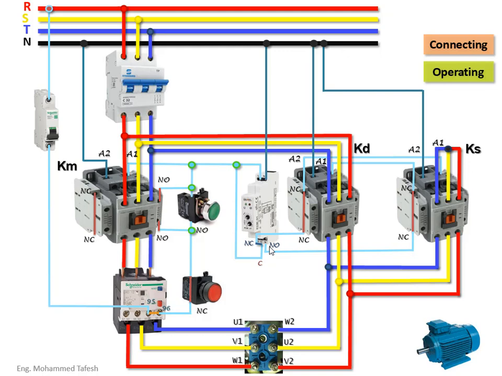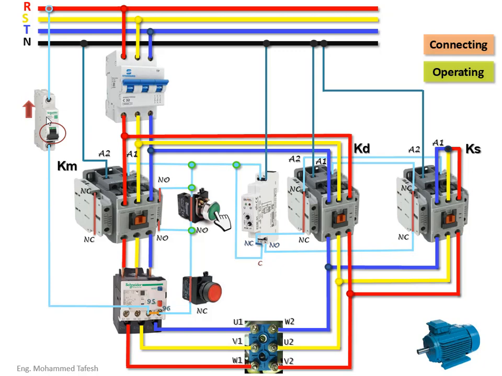Now, the operating. In the operating state, of course, we raise the circuit breaker up, meaning that we operate the breaker so that the electric current passes from the distribution network, and we press the start button.